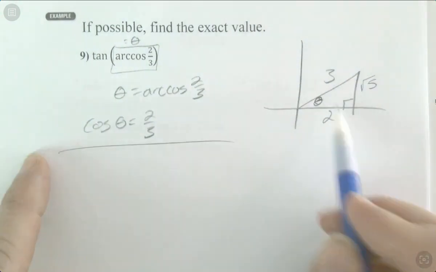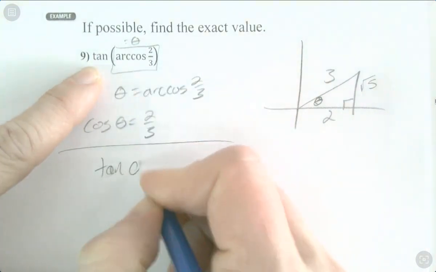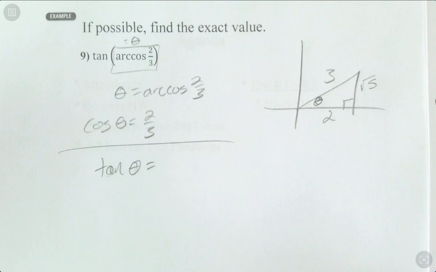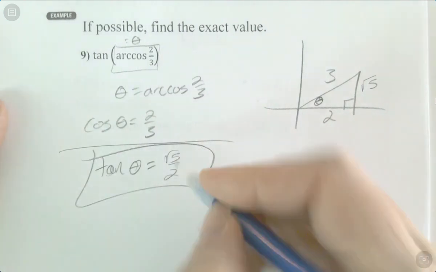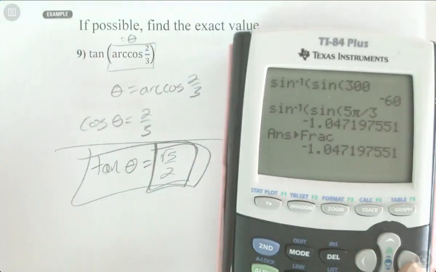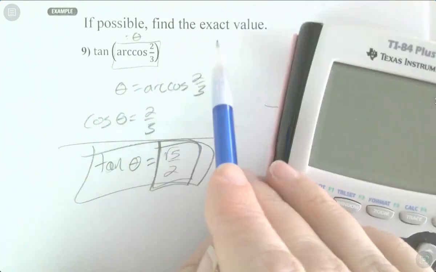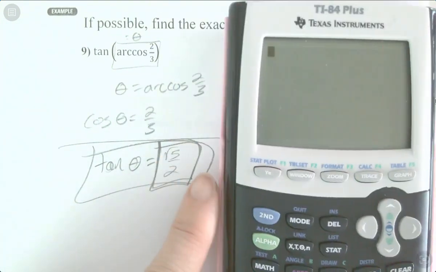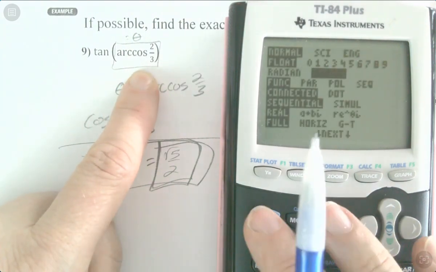Now that we've labeled the triangle, we really are trying to find the tangent of theta. So we can just go SOHCAHTOA to our triangle: root 5 over 2. The answer is just root 5 over 2. Now, you can check that in your calculator. I would not recommend that you just use your calculator for the test because it does say exact value, and your calculator will not give you that. But I'm going to do it in degrees so you can see how it's thinking.